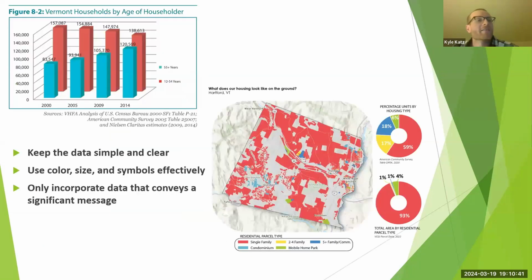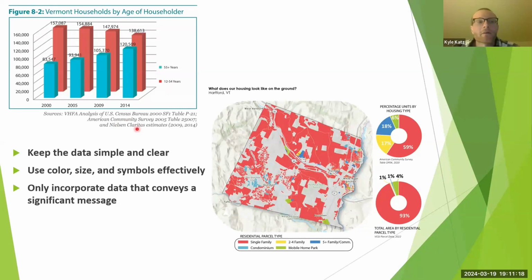Got two more data sets here. This one on the top left is in our current regional plan, and this one's great because it's often effective to show a change in demographics over time, because that's indicating a trend. It's indicating where we're heading, and that can inform the narrative. It can inform where we think we'll end up in 2020 if this is the direction that we're going, and what kind of services do we need?